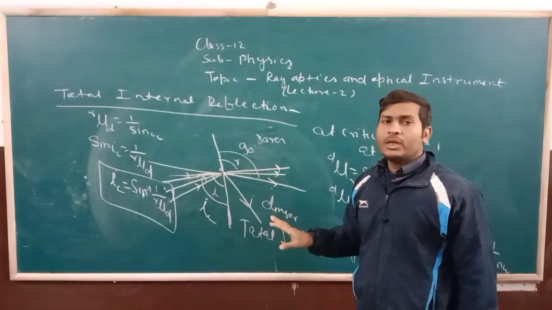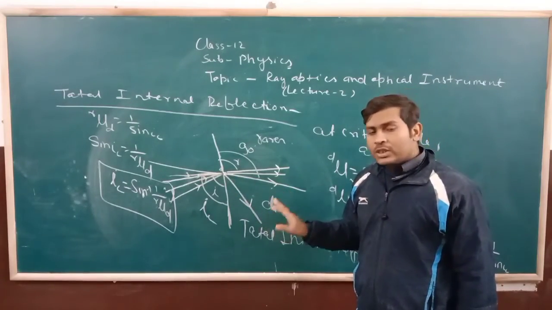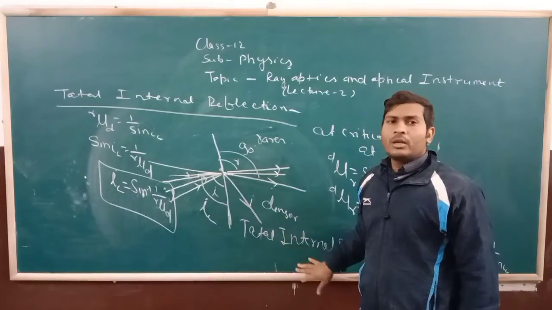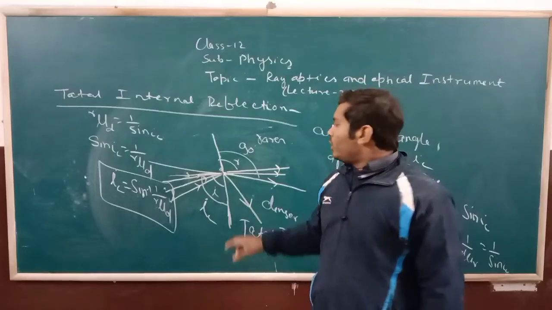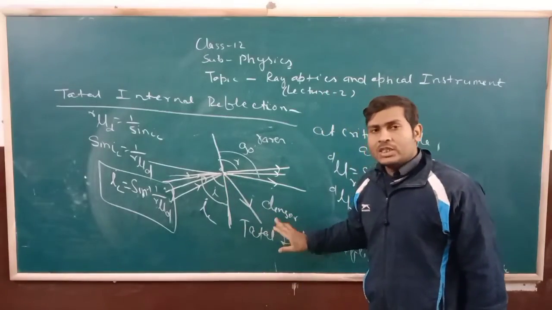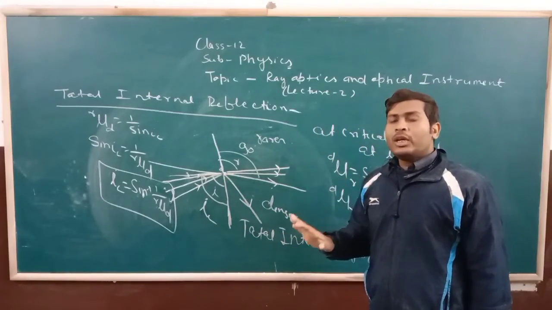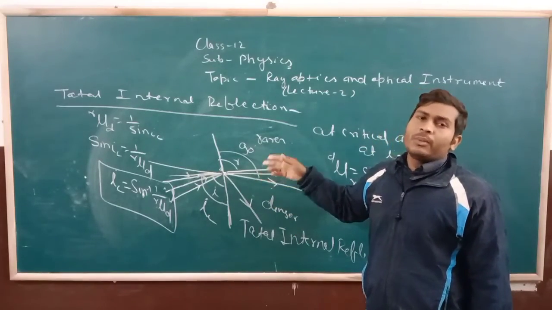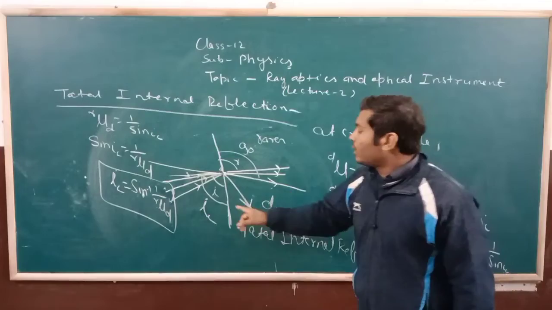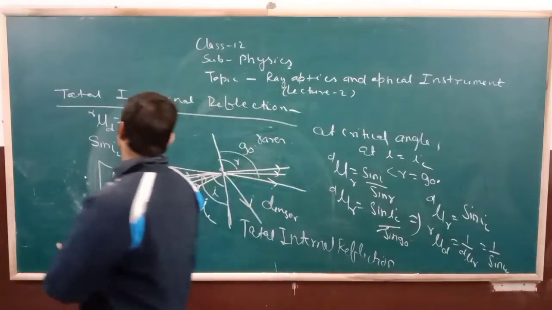This process is known as total internal reflection, because in this case, the whole ray of light is reflected back into the same medium. No ray of light moves into the rarer medium when we increase the angle greater than the critical angle.